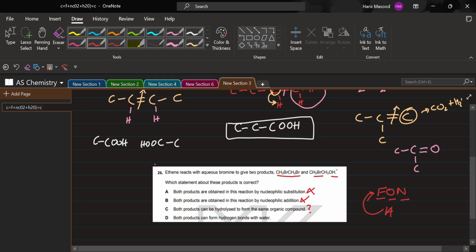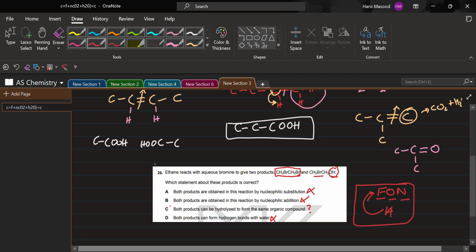So I can only see that the second compound has oxygen and hydrogen attached to it. It will form hydrogen bonds, but this compound will not form hydrogen bonds because it does not have these two conditions. Both conditions must be fulfilled to form hydrogen bonds. So D is also incorrect.